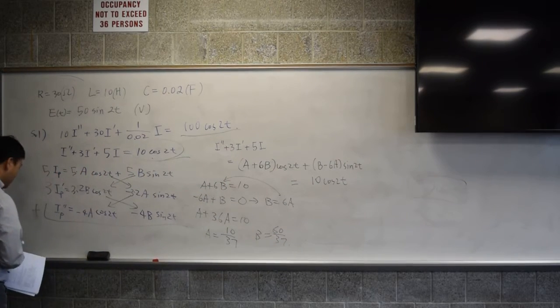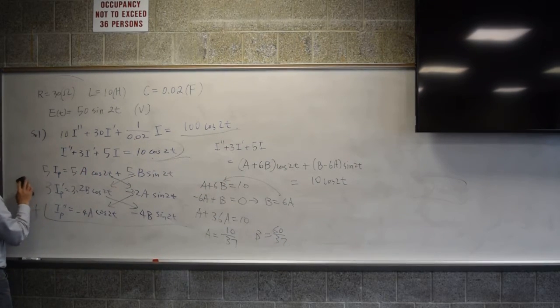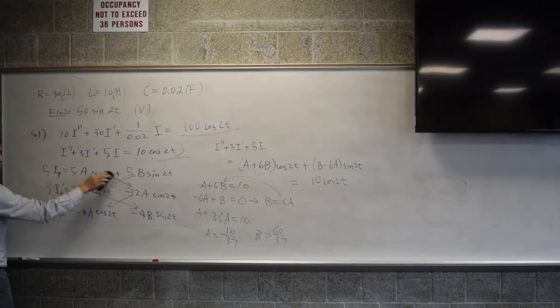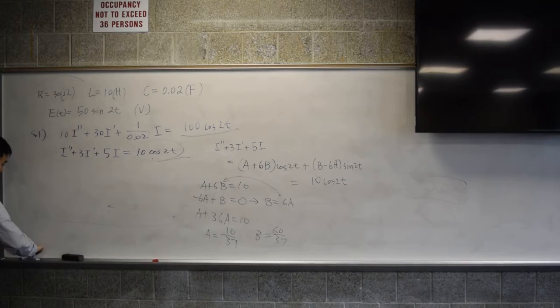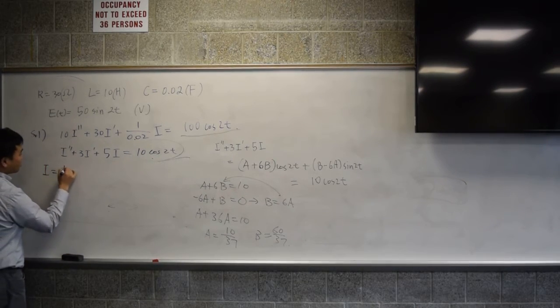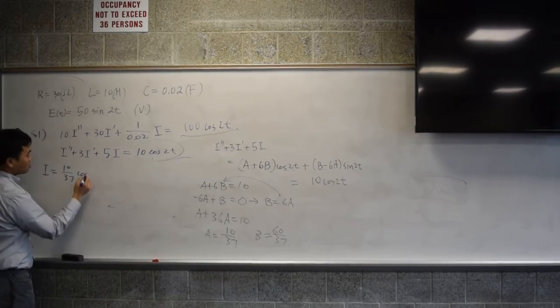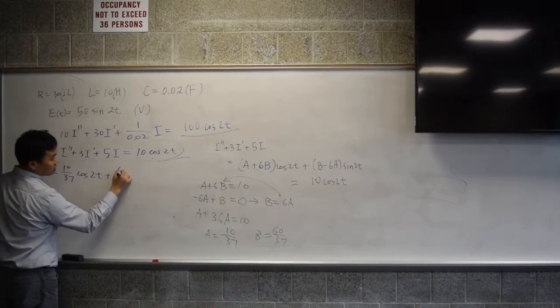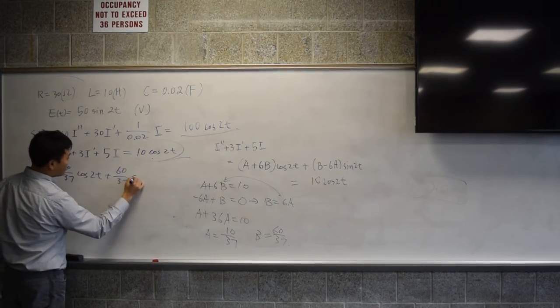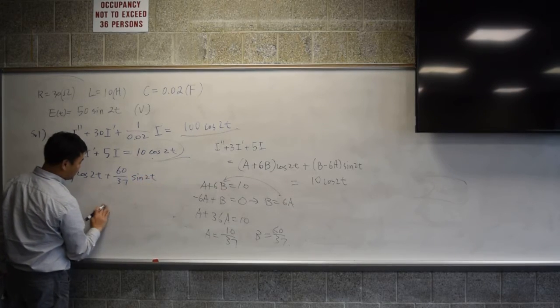Therefore, after you plug in your a and b back in here, the solution you get is I equal to 10 over 37 cosine 2t plus 60 over 37 sine 2t.